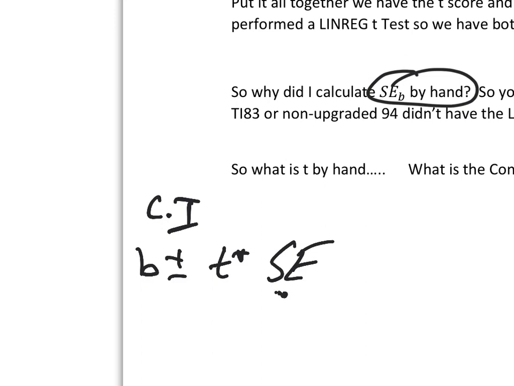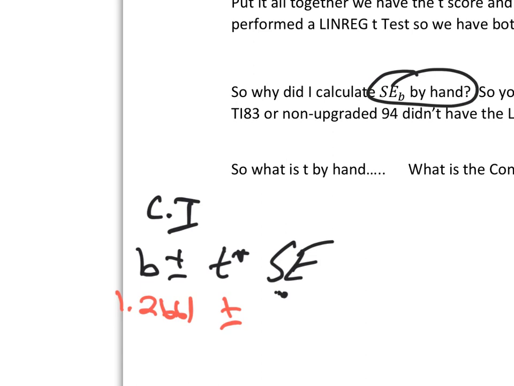B was my slope. Can someone go back and look at what my slope was? I'm plugging it in. Then we're going to check it with a calculator for those that can. What is B? 1.2661. Plus or minus T star. T star means the number that goes in front of my standard error.